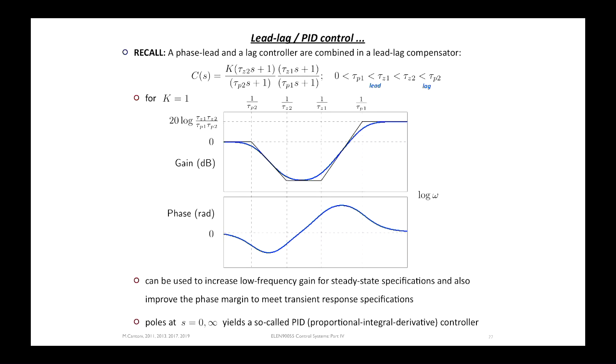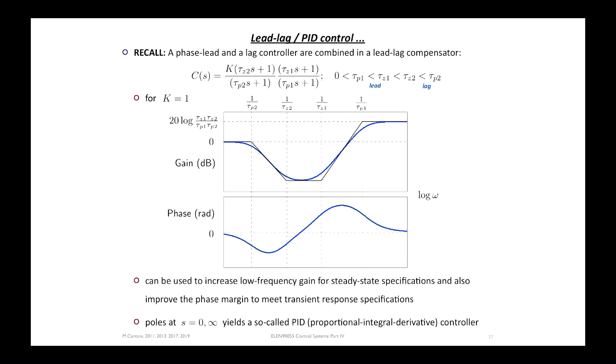All right, and I guess it's worth noting that a PID compensator, which you probably hear about all the time within the context of feedback control, is just a special case of a lead lag compensator, right? Where one of the poles is set at s equals 0 and the other pole at s equals minus infinity. Okay, so these are just labels for things, they're not magic, right?